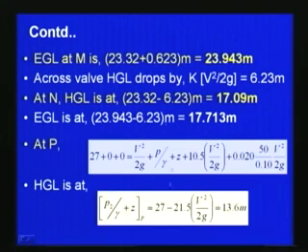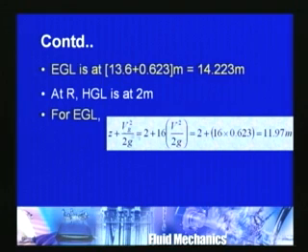In a very similar way we can solve and get the elevation of HGL, P2 by gamma plus Z, as 27 minus 21.5 V square by 2g, which is equal to 13.6 meter. Similarly for the EGL, we add the velocity head 0.623 to the 13.6 obtained here, which will be 14.223 meter.